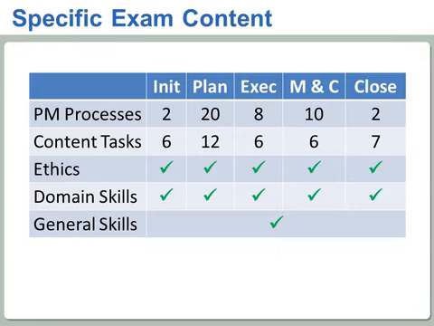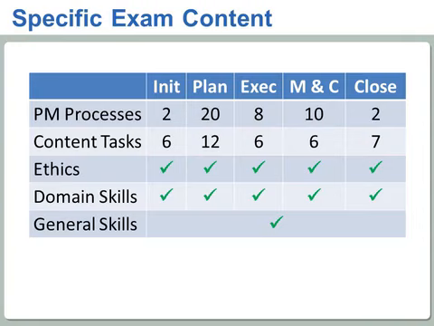These are the specific tasks that the role delineation study has identified as tasks that we project managers have to be able to perform in each of the 5 domains. Ethics, straight from the Code of Ethics, as applied in each domain. Then we have the domain skills. The PMP exam content describes specific knowledge and skills that are required from us in each of the 5 domains.